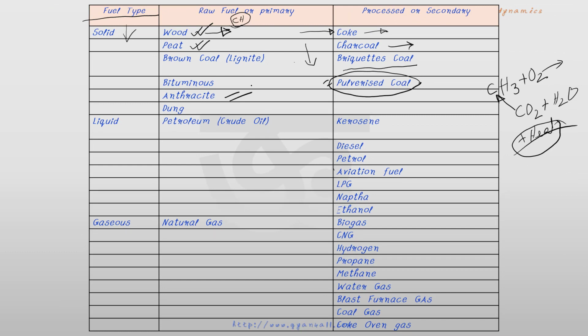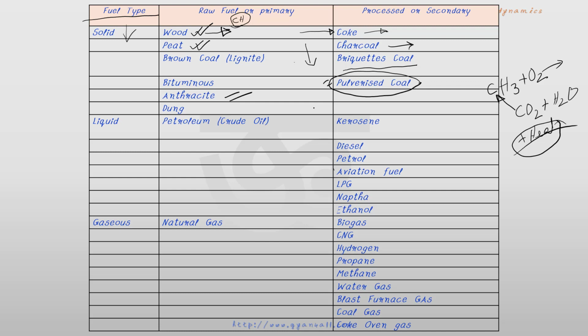So if we burn that type of coal with more sulfur in industries, it will release a lot of sulfur dioxide to the atmosphere. So that has some environmental compliance issues, regarding how much sulfur-content coal can be used.